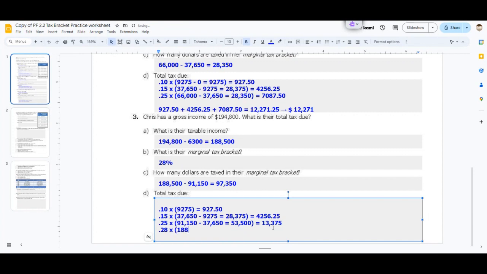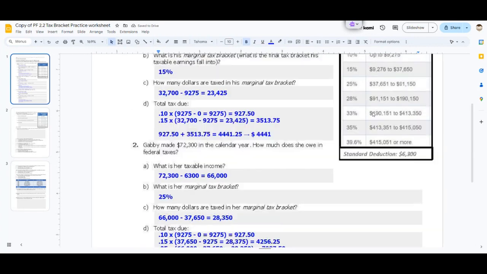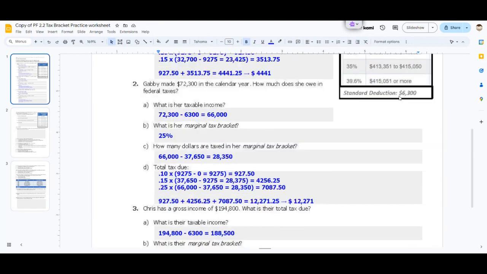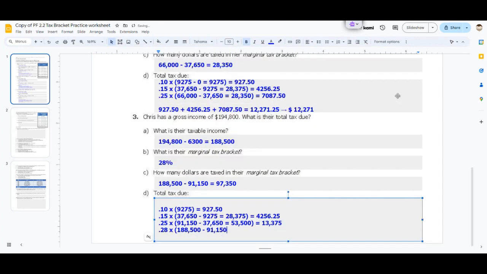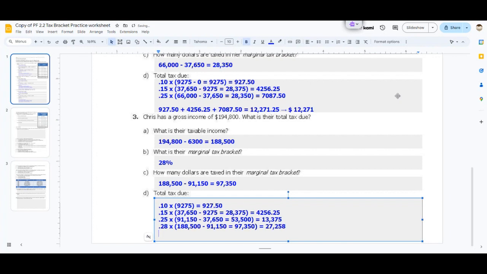So the last dollar that was taxed, 188,500, minus the dollars that were taxed either at 10, 15, or 25%. So the maximum of the previous bracket, 91,150. We already calculated that in Part C, it is 97,350. So 28% of those dollars is 27,258.